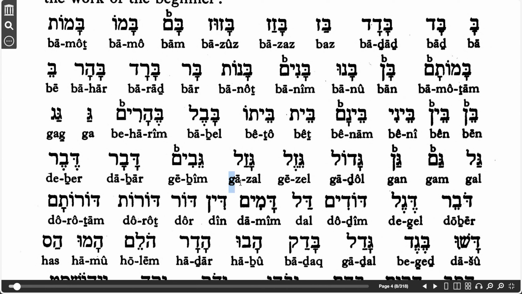This is called the transliteration value. What you see under here, that's the transliteration value. So ba, bath, bathath, baz, bazaz, bazuz, that's the transliteration value. So you have an English equivalent letter for the Hebrew character and the vowel points.